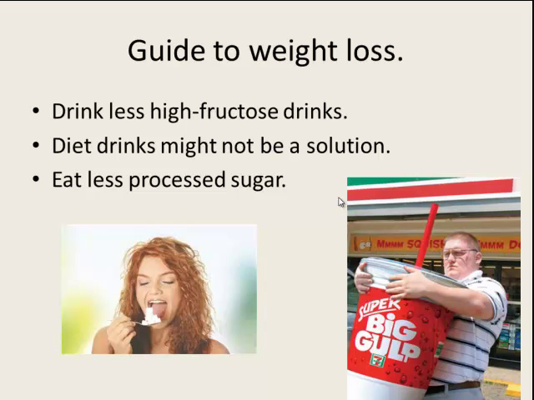Okay, so high fructose drinks, high sugar drinks, even juices can be high in sugar because you're going to convert those very quickly. Diet drinks might not be the answer, though. There is some evidence that people who drink diet drinks, this was done in a lab with rats, if you give a rat diet soda, it is tricking the brain.